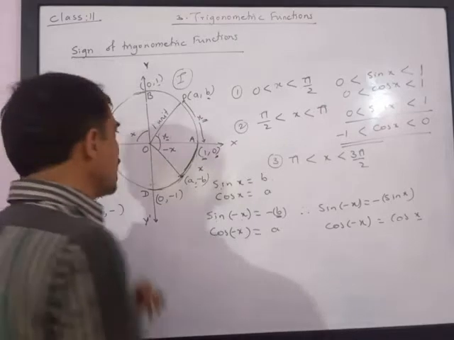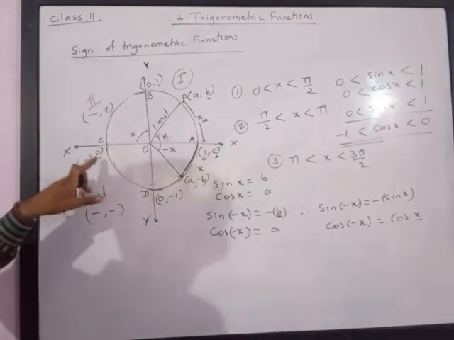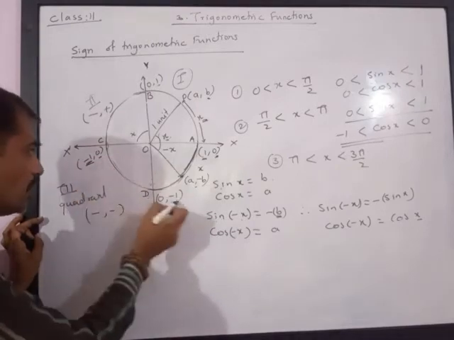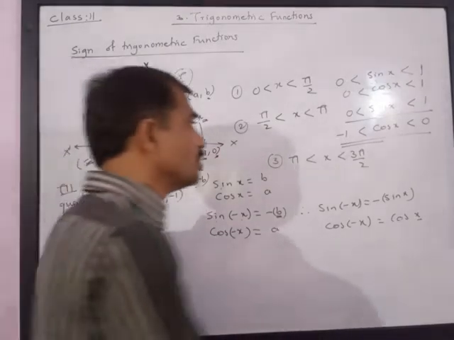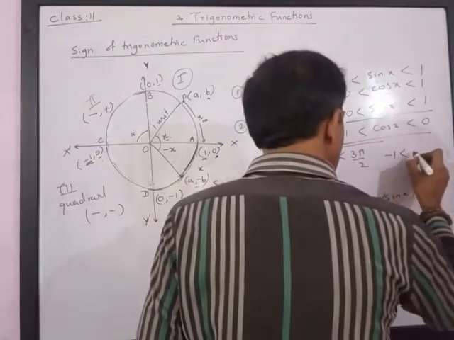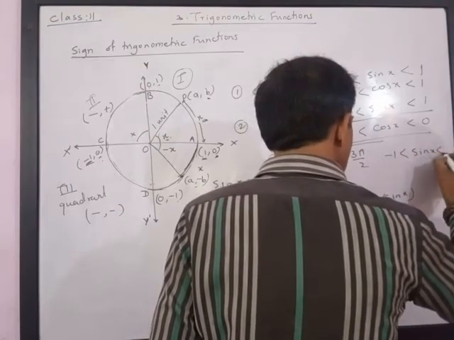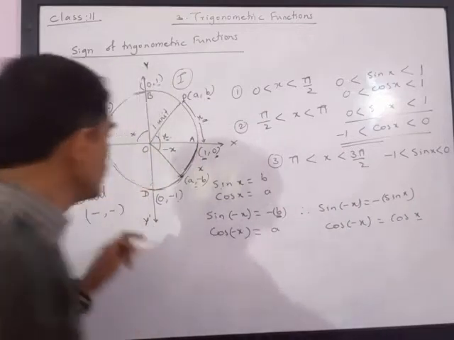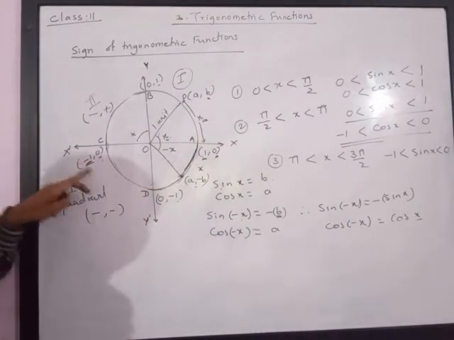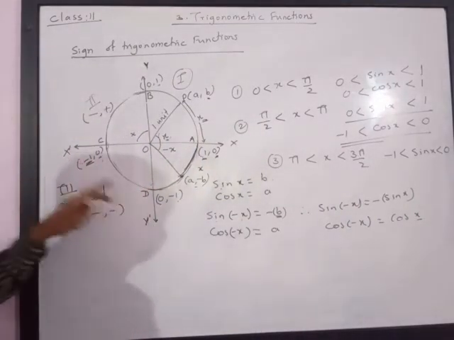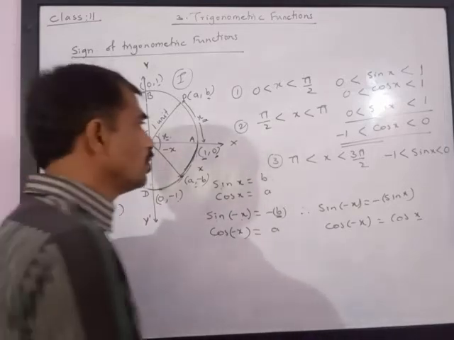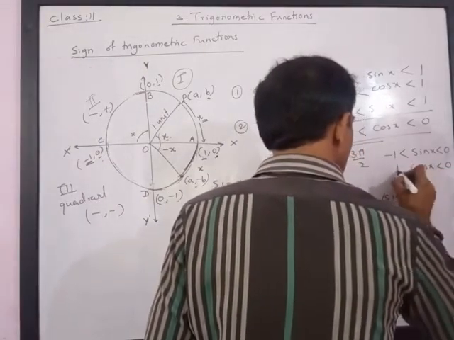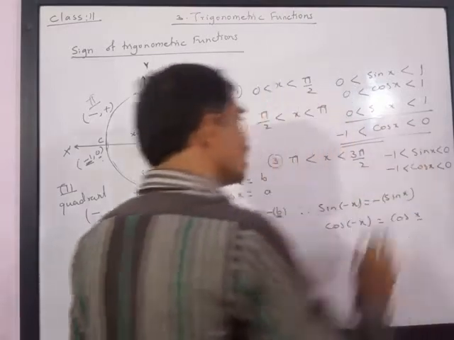We will get the sin value going from 0 to negative 1, as the y coordinate changes from 0 to negative 1. So sin lies between negative 1 and 0, that is, negative 1 is less than sin x is less than 0. And cos x is the x coordinate, that is again 0 to minus 1, so cos x is also negative.